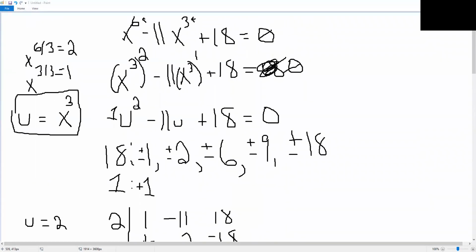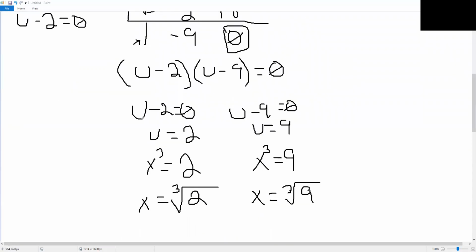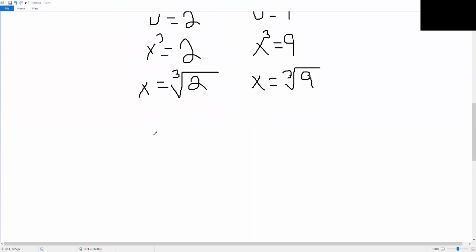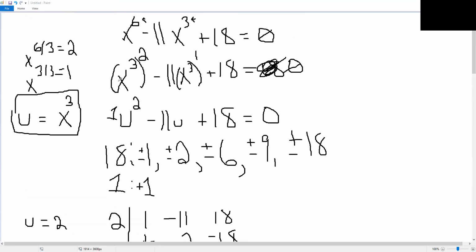Well, if you remember, we had this x to the 6 minus 11x to the third plus 18. That's what we need to check our work with, but we brought it down to this, which is x to the third squared minus 11 x to the third to the first power. We're going to use this to check our work.